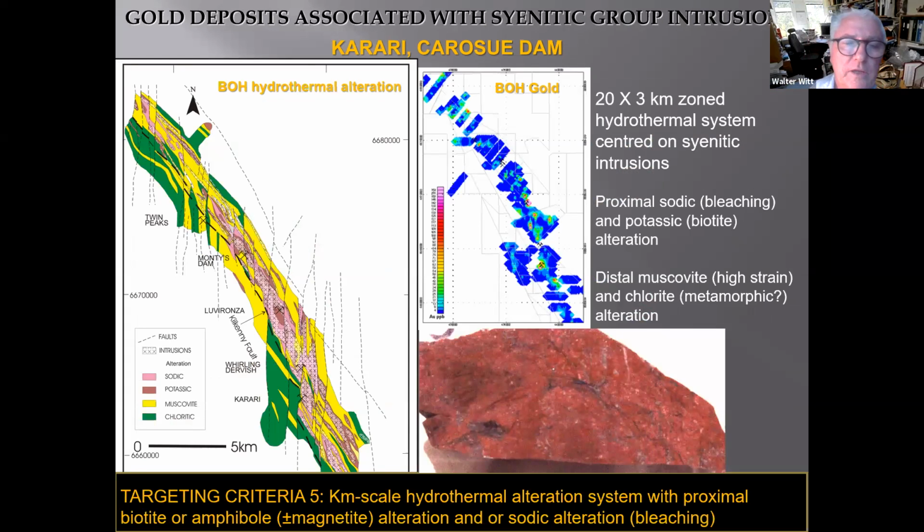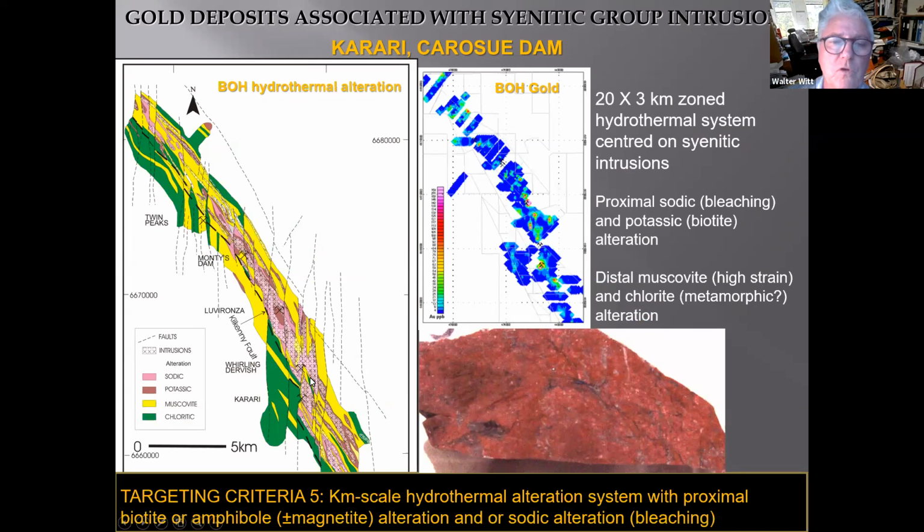Geochemistry and alteration are zoned on a quite unique and spectacular scale at Carosue Dam. We have a 20 by 3 kilometre zoned hydrothermal system centred on these syenitic intrusions. The map on the left shows the intrusions with the crosses and their high temperature alteration aureoles comprising potassic and sodic alteration in the pink and brown colours.